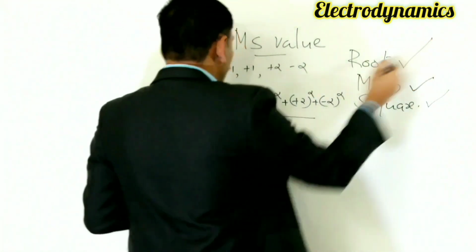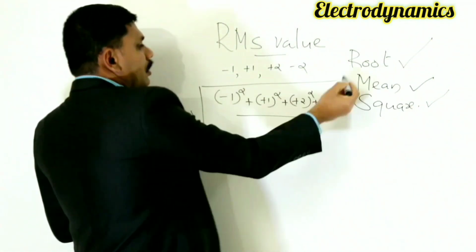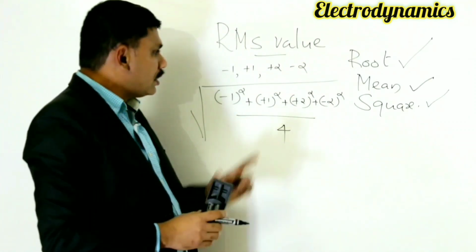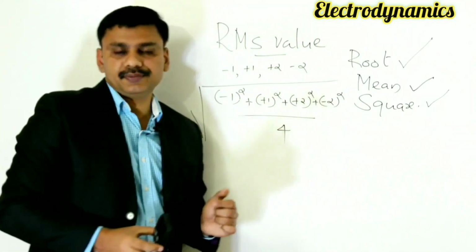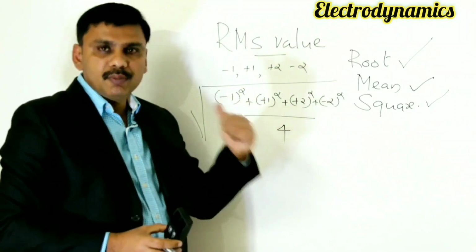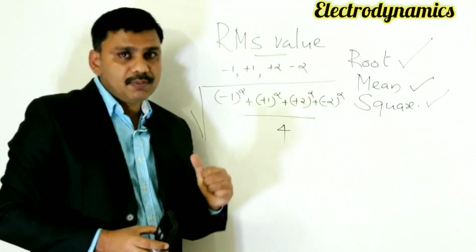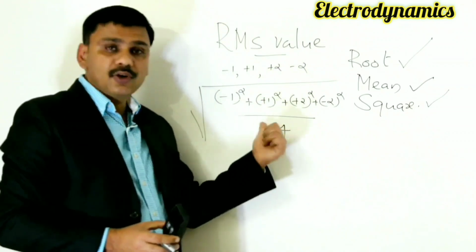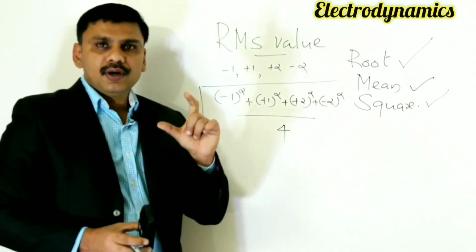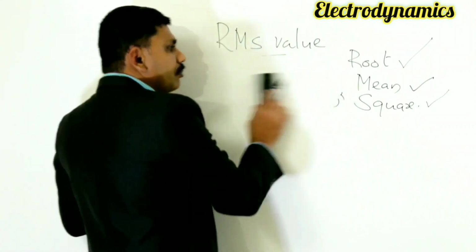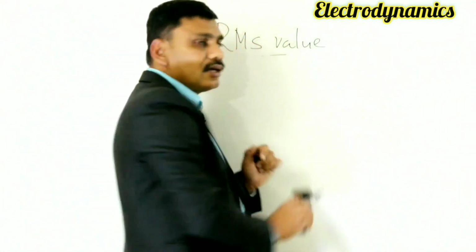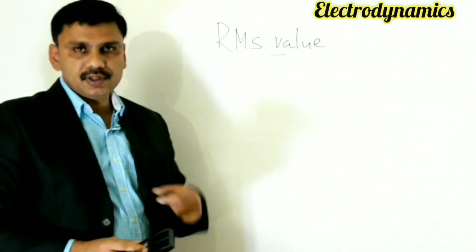Then take the square root. This is the RMS value of these numbers. Its average value will be 0, but this will not be 0. So alternating current and alternating voltage we measure using the RMS value.